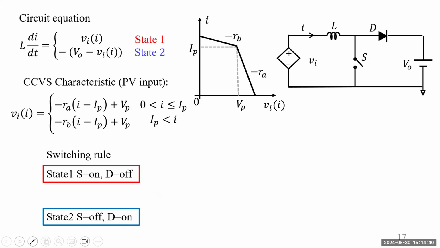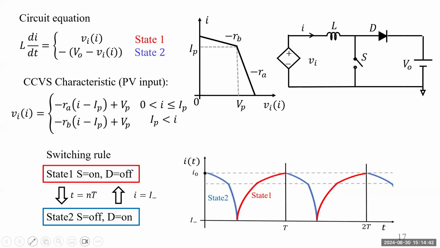So next, we define the switching rule. If the present state is 2, it changes into state 1 if the inductor current reaches the lowest threshold I1. The threshold I1 is a key parameter in current mode control. And if the present state is 1, it changes into state 2 if the clock t arrives.